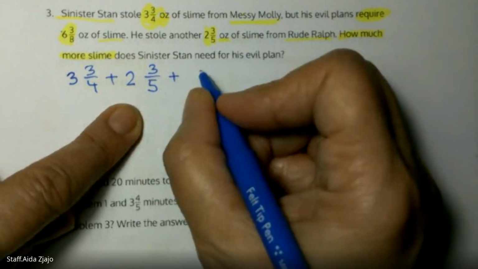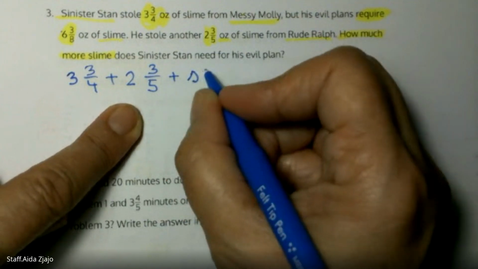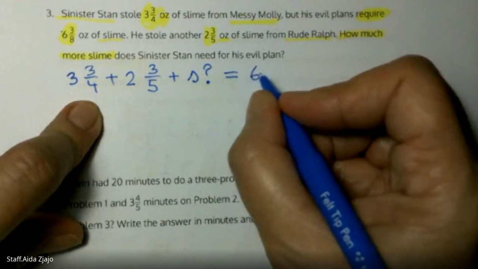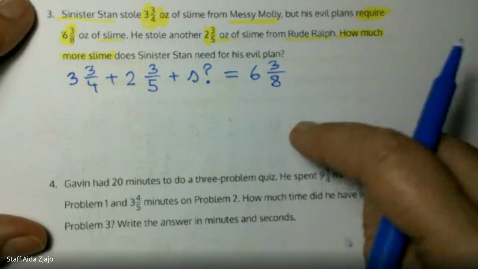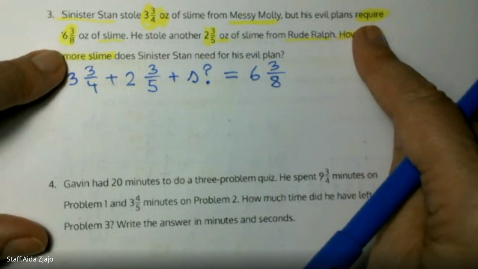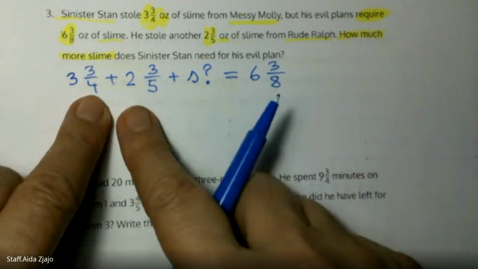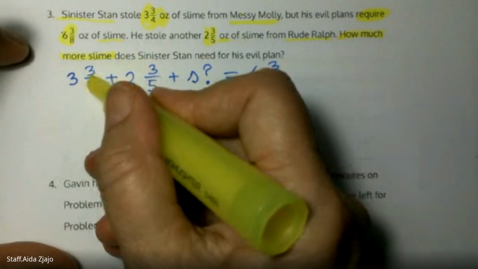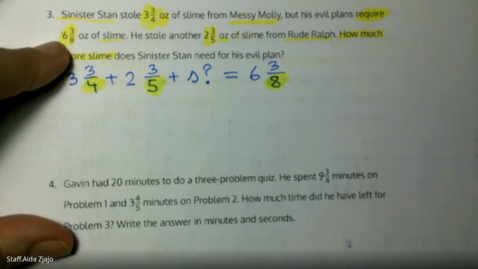And then some more slime, as for the slime, I'll put the question mark, must equal 6 3/8. That's how much he wants. He requires 6 3/8. So we have 4, 5, and 8. When I look at the denominators, they are not the same. So we have to make them the same.